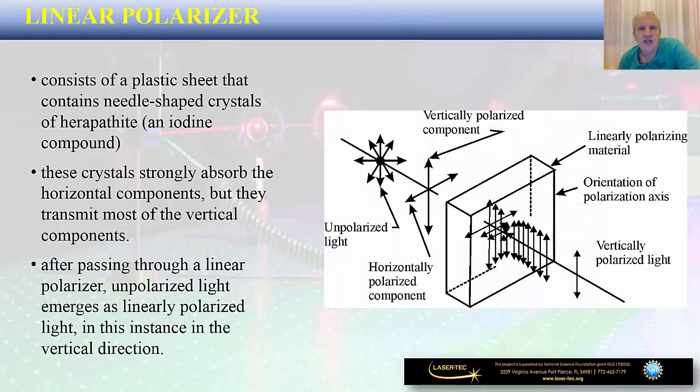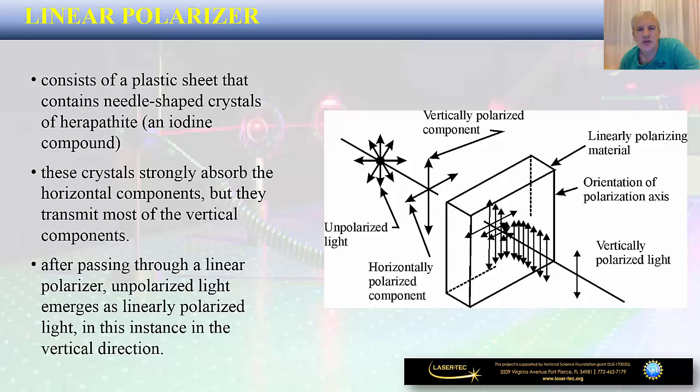We can adjust the polarization of light by using so-called polarizers. A polarizer is basically a plastic sheet made out of material that contains a certain type of crystals that affect the polarization of light propagating through it.